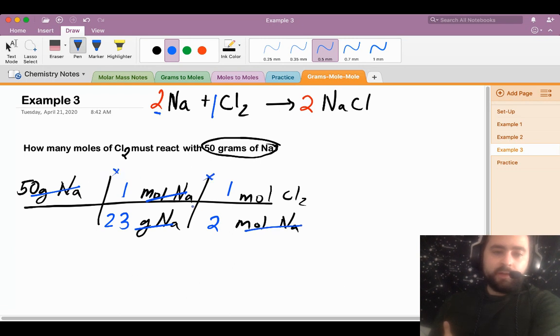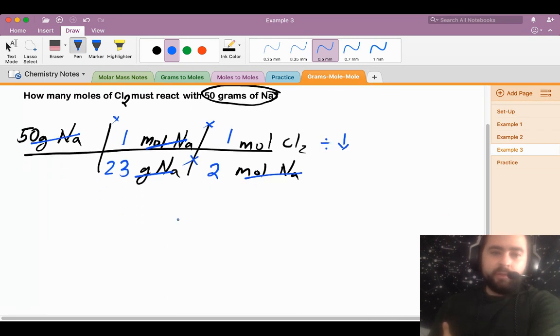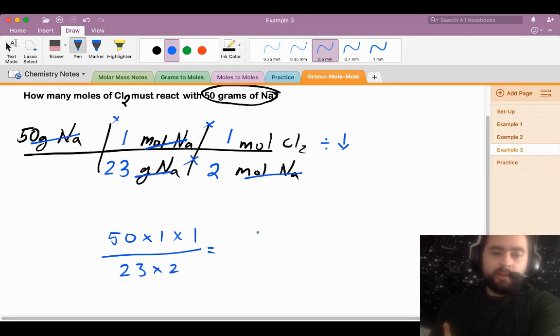Multiply across, and then divide top and bottom. So I'm left with 50 times 1 times 1 divided by 23 times 2. So 50 times 1 is 50, times 1 is 50, divided by 23 times 2 is 46.